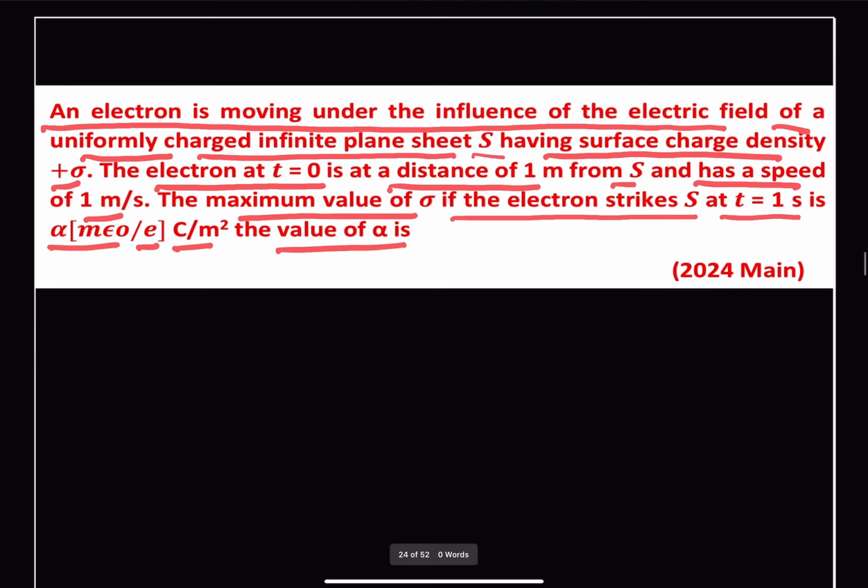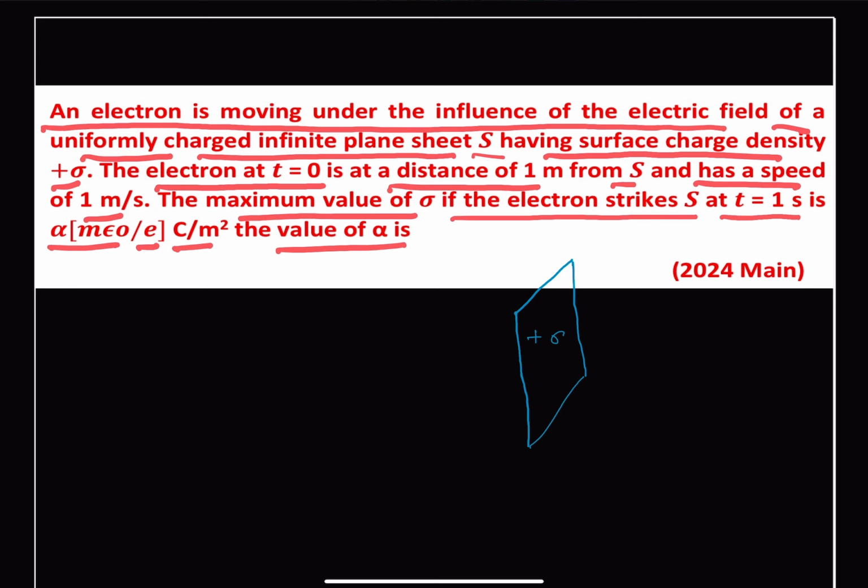So here we are given the infinite plane sheet. So we can just draw an approximate figure for that. We have an infinite plane sheet with charge density of plus sigma, and we have an electron at a distance of 1 meter.